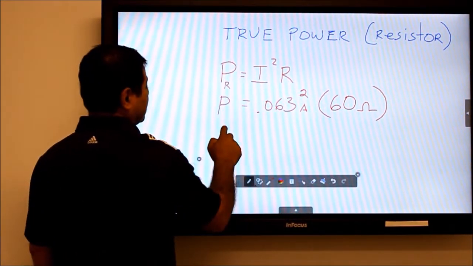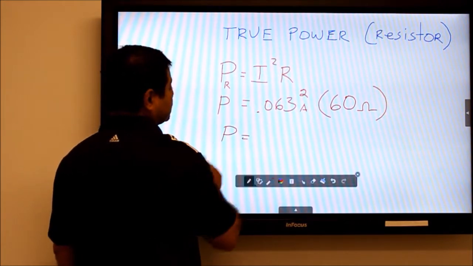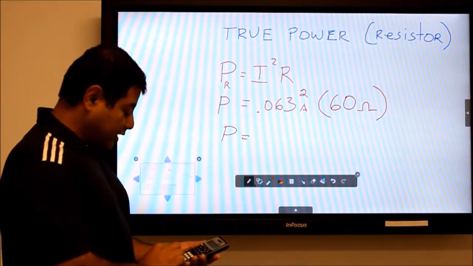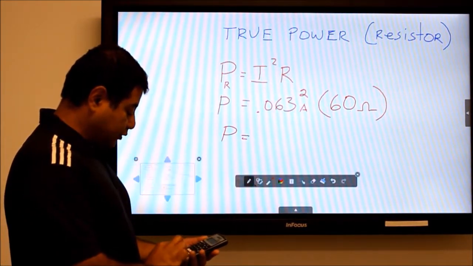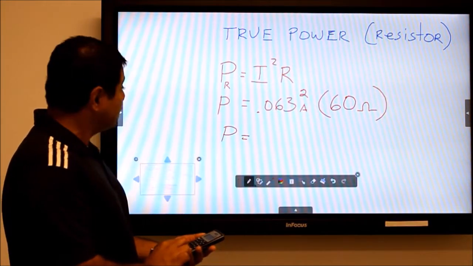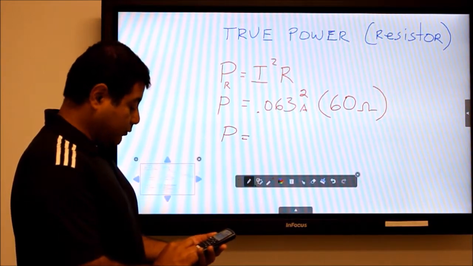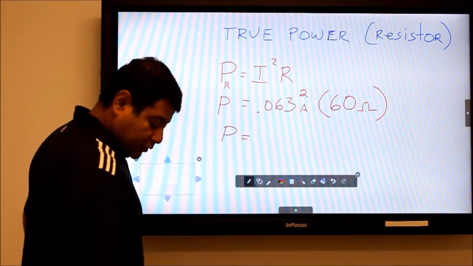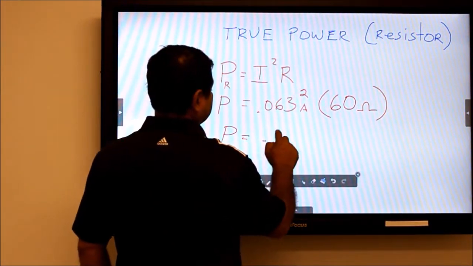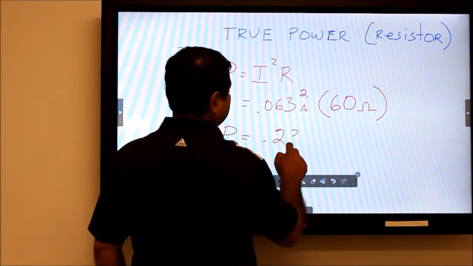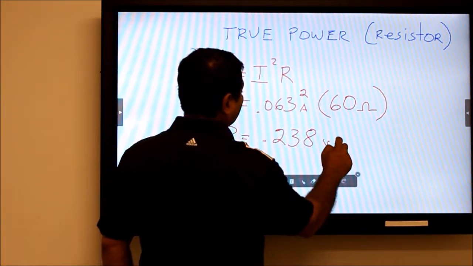This will give me my true power, which is the power of the resistor. So you put these values into the calculator and you get 0.063 squared times 60 ohms, and I get a value of 0.238 watts.